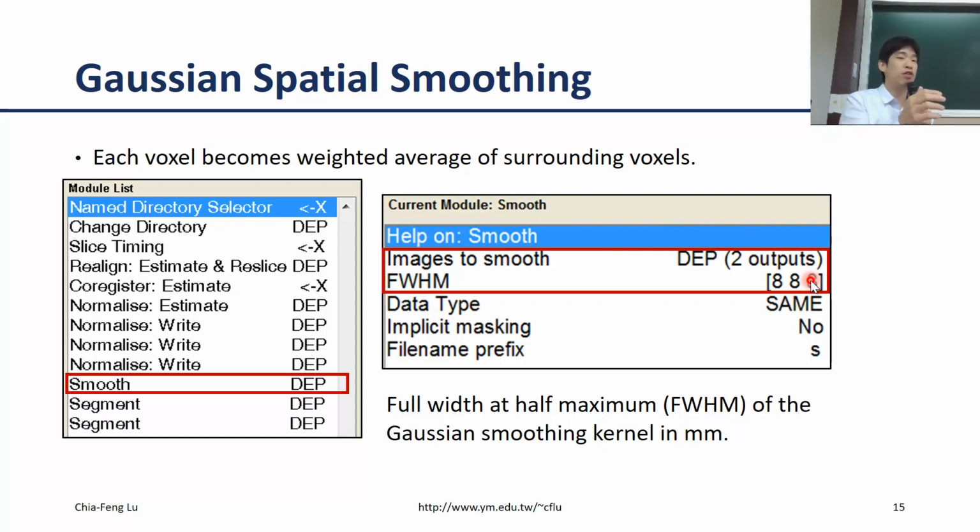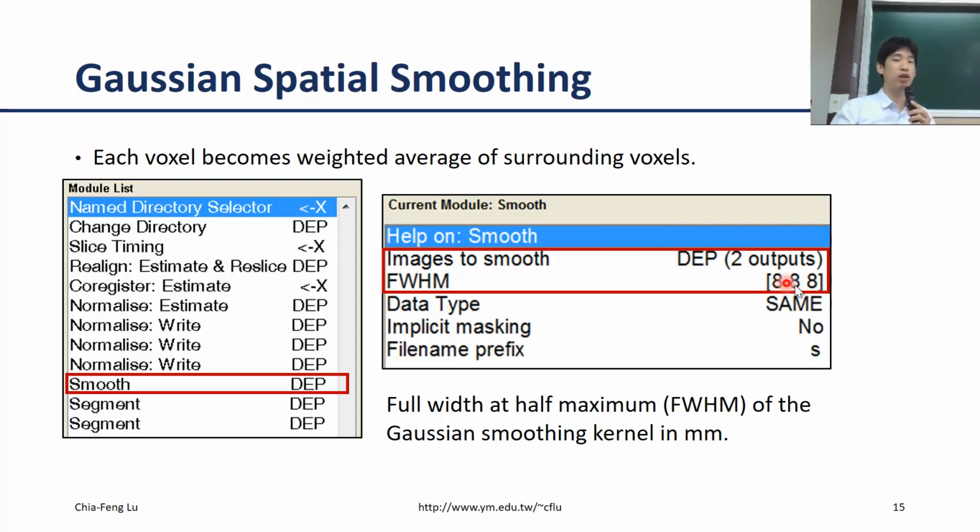And sometimes if you don't want to introduce such a huge smoothing effect on your image, you can reduce the value to 6 by 6 by 6. Okay, I think 4, 6, or 8 are the three common values that we normally use. But please do remember that you definitely should use the identical value for the three different axes.